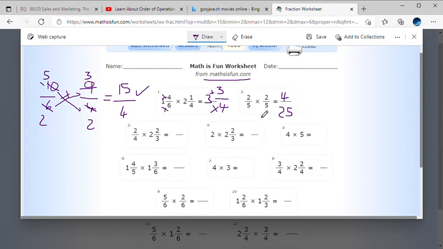In number 3 now, we have 2 fourths being multiplied by 2 and 2/3. We change that mixed fraction into a proper fraction by multiplying 3 times 2 and then adding the 2 at the top. So 3 times 2 is 6, 6 plus 2 is 8, so we have 8 over 3.